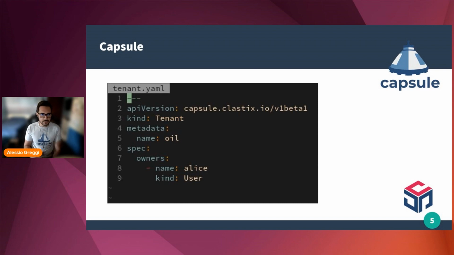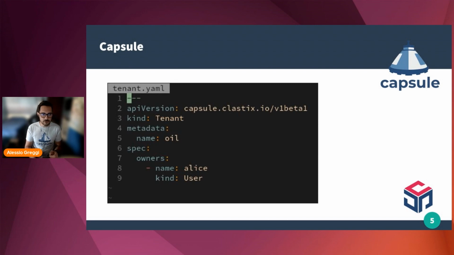So let's see in this example how we can create a tenant using Capsule. After installing the Capsule operator, we can essentially create a tenant by filling the manifest, specifying the kind, and this kind is the tenant.